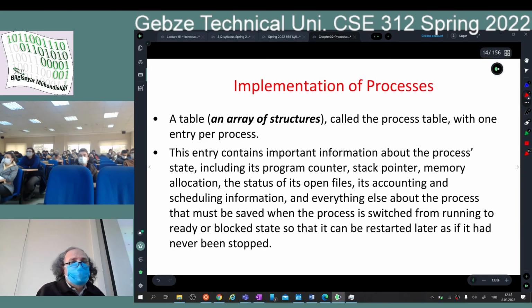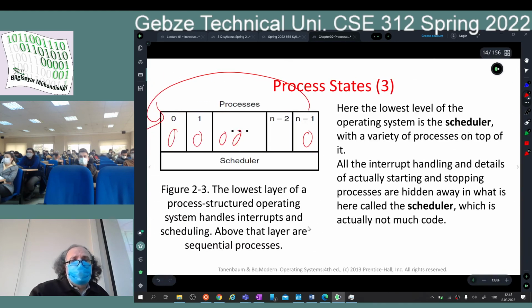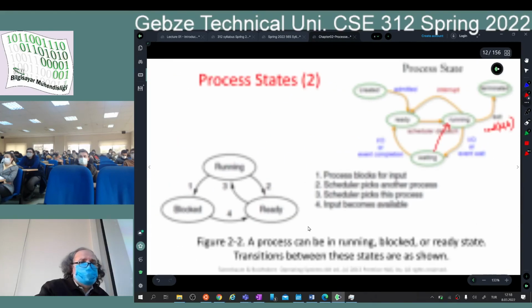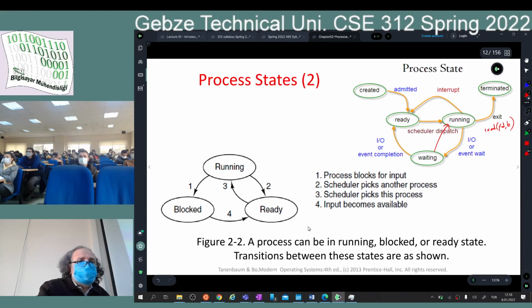Okay. So when you implement a process, what do I mean by implementation of a process? We are not, of course, talking about the implementation of the program. We are talking about the implementation of the process. Remember what the definition of the process was? Process is a running program. Okay, for a running program to go into these states, block state, running state, and ready state, I need to keep some data about each of the processes.